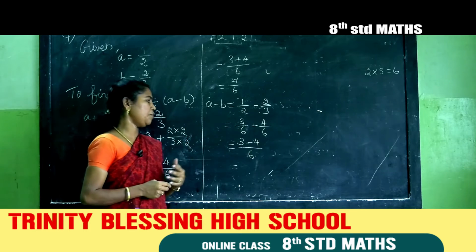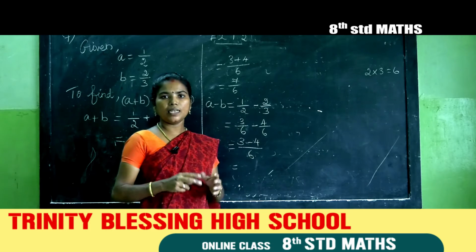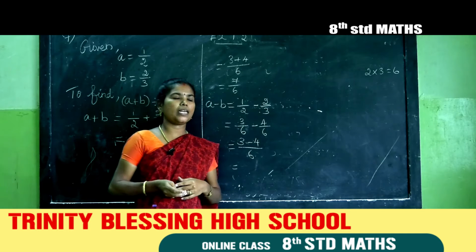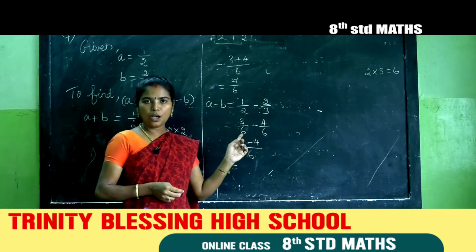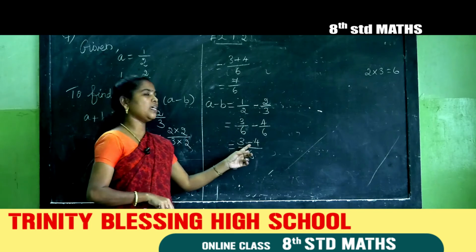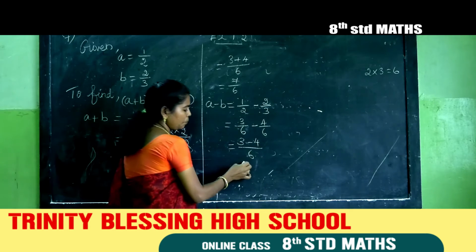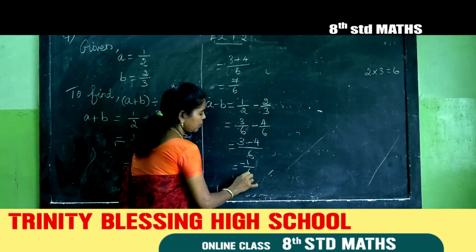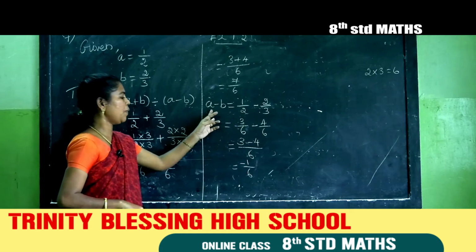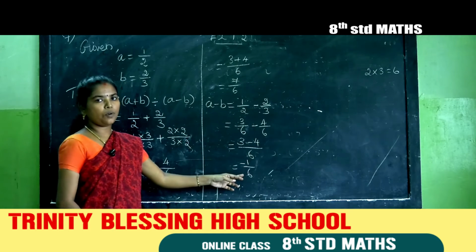The difference between 3 and 4 is 1, and the difference means we subtract, so 4 minus 3 is 1. Here 4 is the greater one, so it has a negative sign. So we put minus 1 by 6. So the value of A minus B is minus 1 by 6.